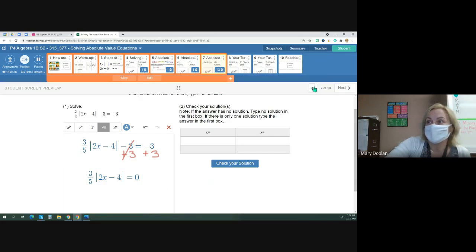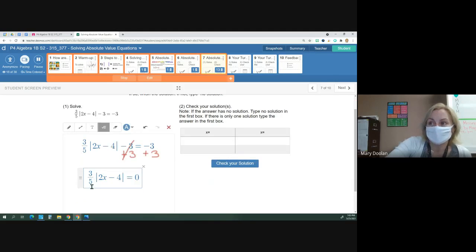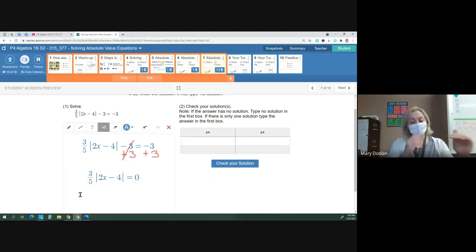Now on the last problem, we had a factor here to get rid of, so I just divided by it. Essentially that's what we're doing. If I divide 3/5 by 3/5, if you think back to how you divide fractions, you keep the first fraction the same, you change it to a multiplication problem, and you flip the second fraction.